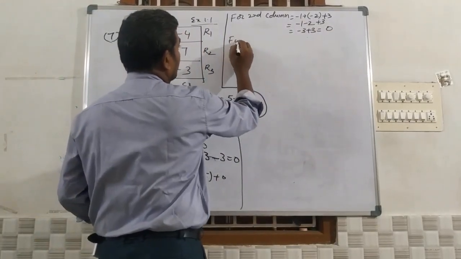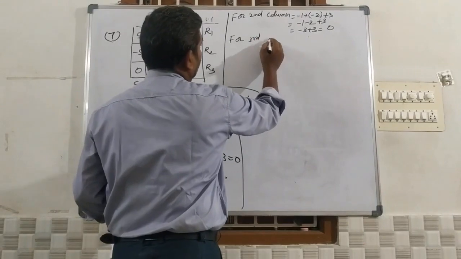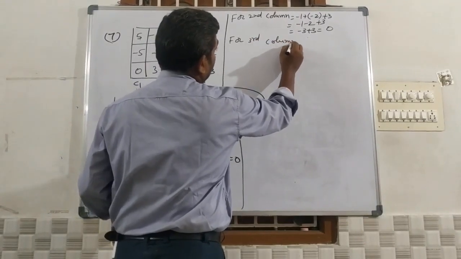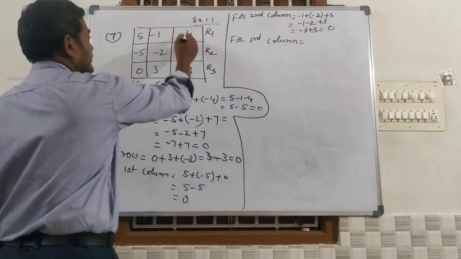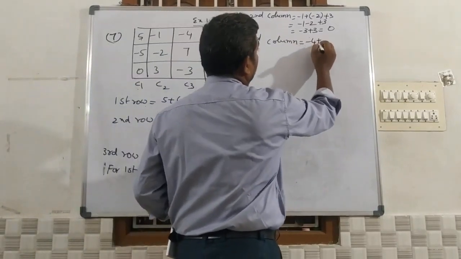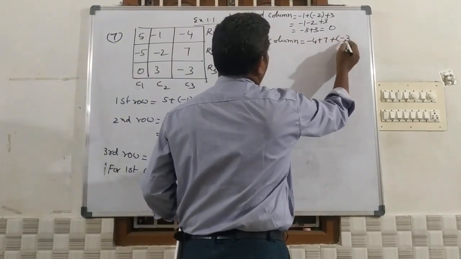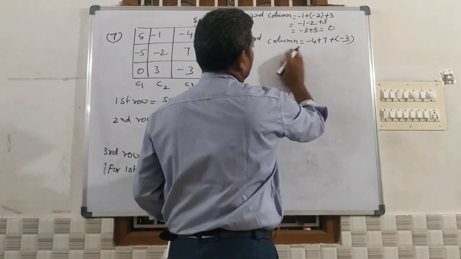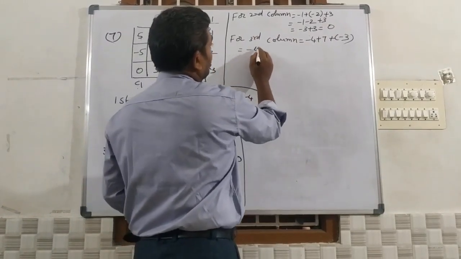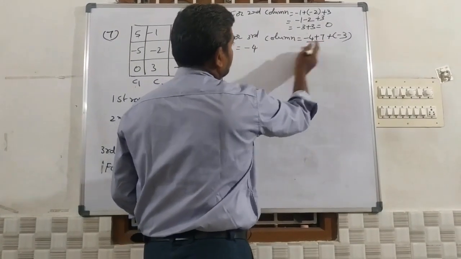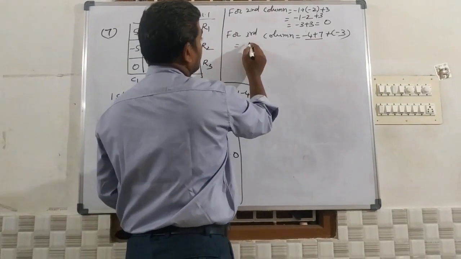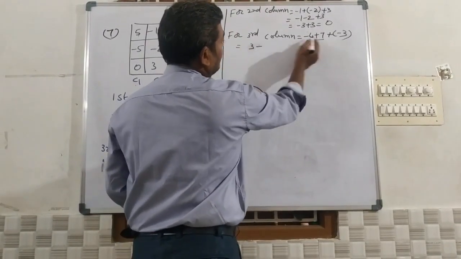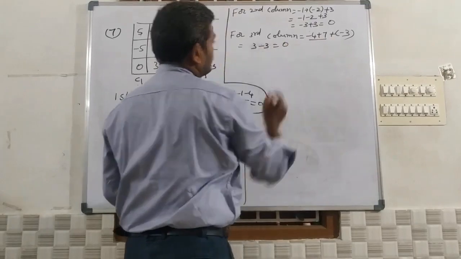For the third column: minus 4 plus 7 plus minus 3, that is 7 minus 4 minus 3, which equals 0.